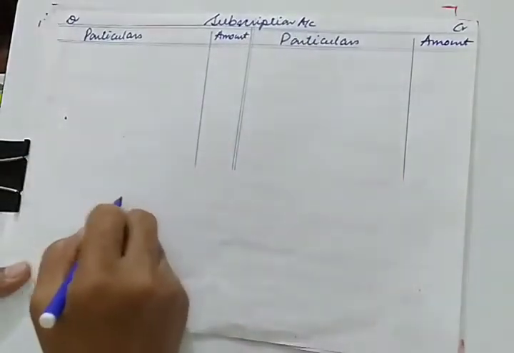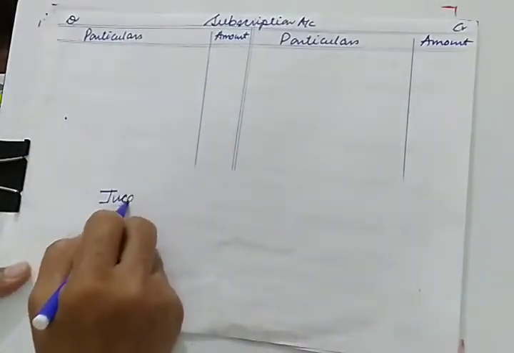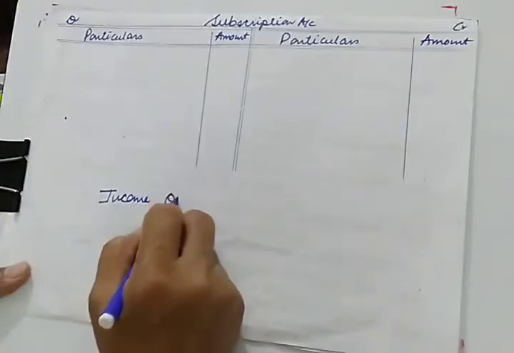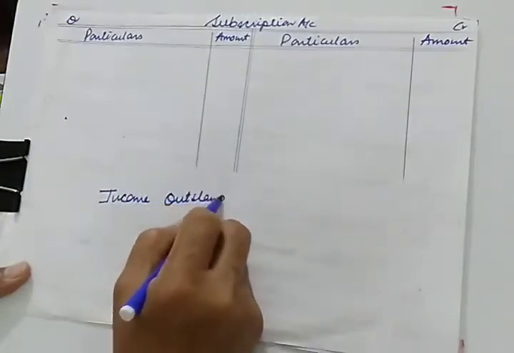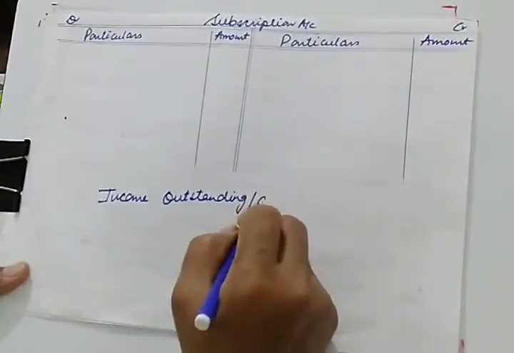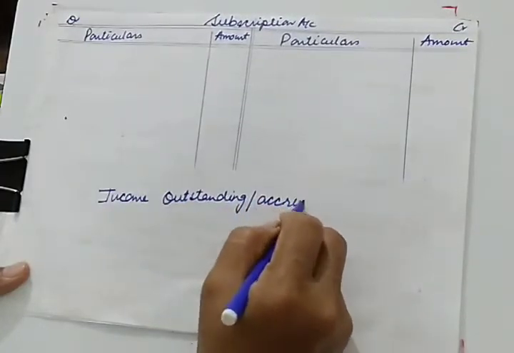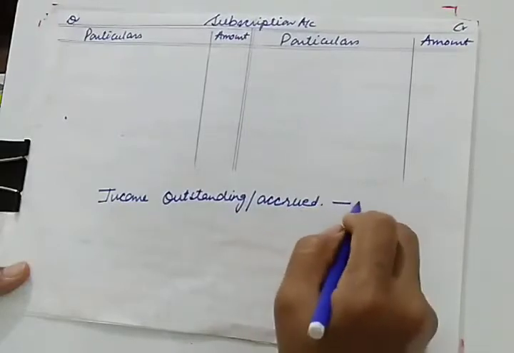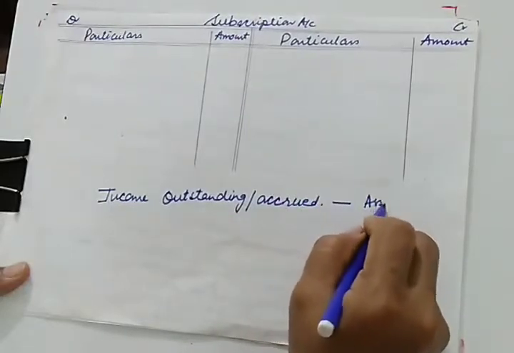So as you know, income outstanding, or what is the other word used for this? Income accrued, you can say. Income accrued is an asset of the firm.